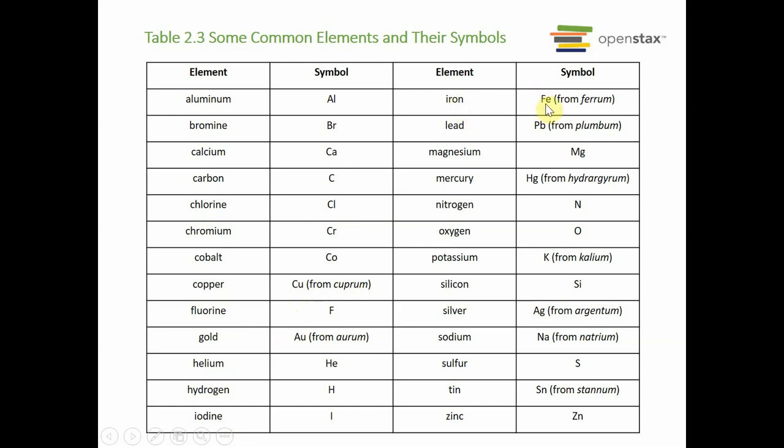Iron is Fe for ferrum. Lead is Pb for plumbum. Magnesium, mercury, Hg for hydrargyrum. Nitrogen, oxygen, potassium, K from kalium. Silicon, silver, Ag from argentum. We also get the name for the country Argentina from that.